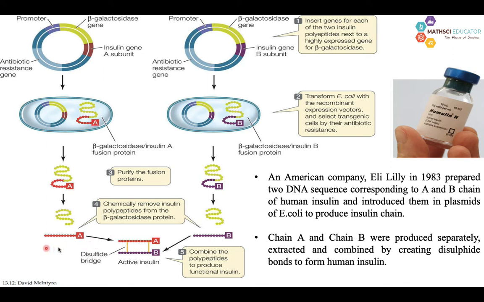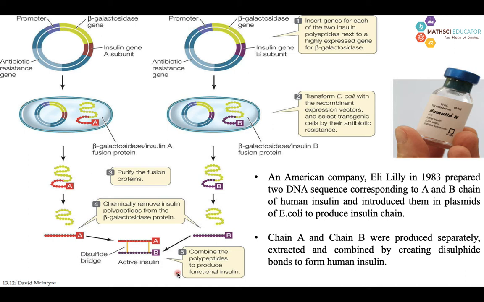Now they combine these polypeptides to produce the functional insulin that is the same as human insulin, using a disulfide bridge. Okay, देखो आपको जैसे इस फिगर में दिख रहा है कि A subunit अलग कर दिया है, then B subunit अलग कर दिया है, then they create a combination with the help of a disulfide bridge and create active insulin as human insulin.